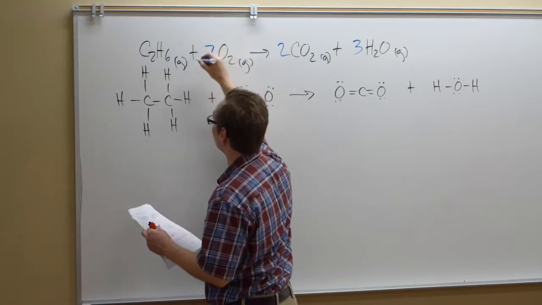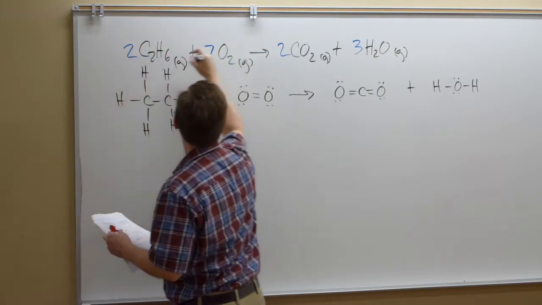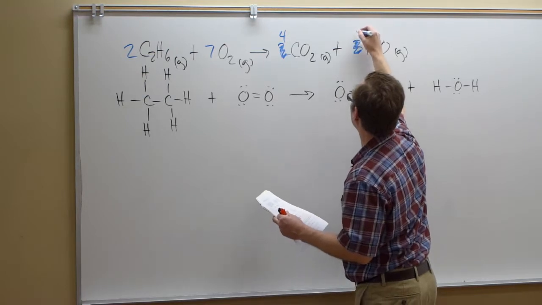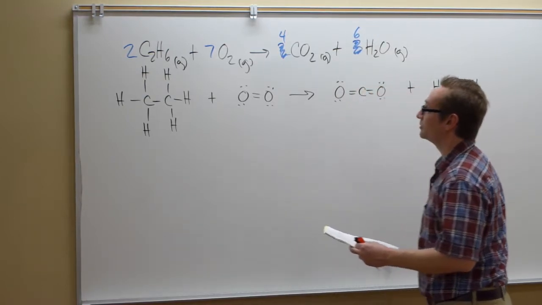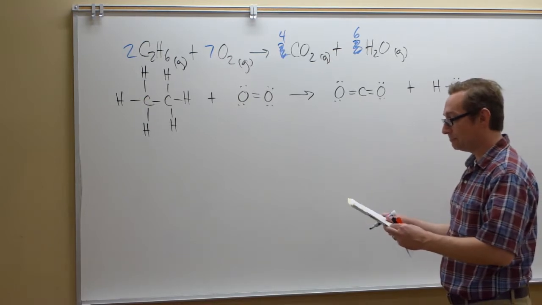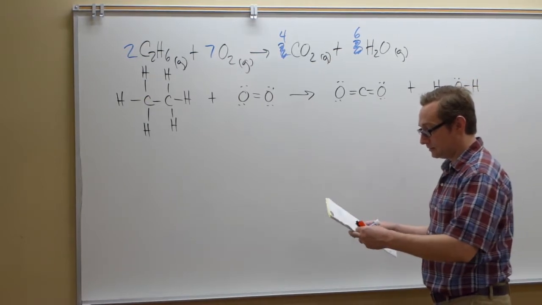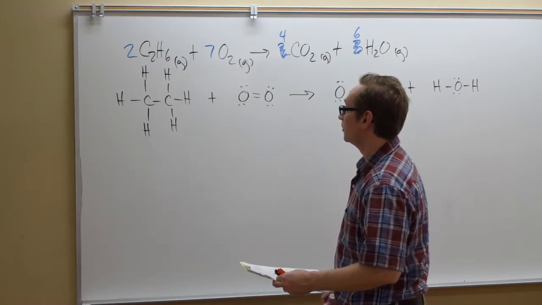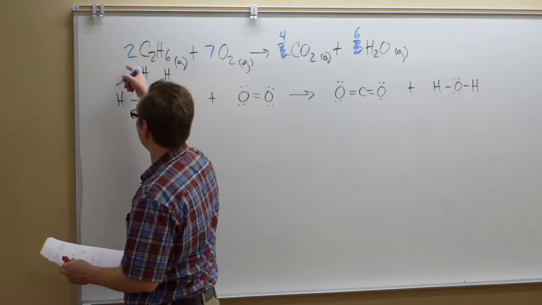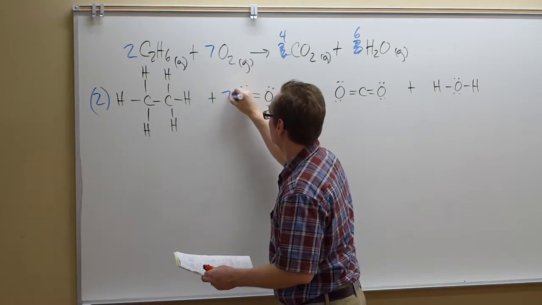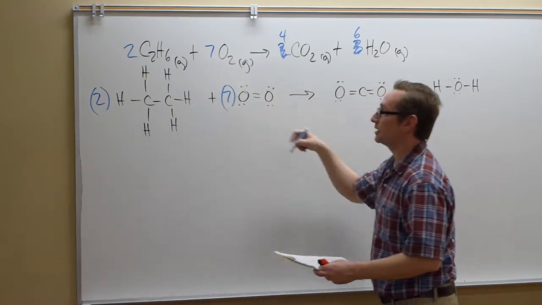So I'm just going to take 7 and then multiply the whole reaction by 2. So it's going to be 2, 7, 4, and 6 for my balanced reaction. Okay, so what we have to do at this point is take the coefficients and multiply the bond energies by those coefficients.